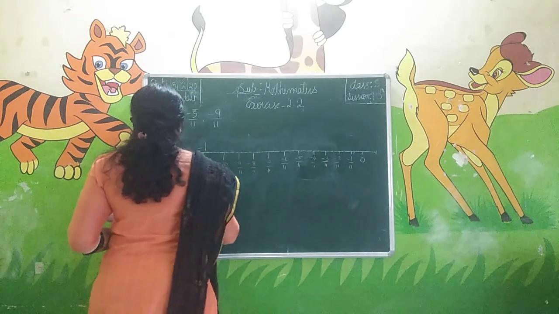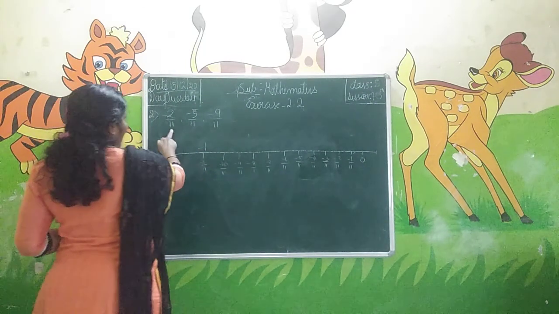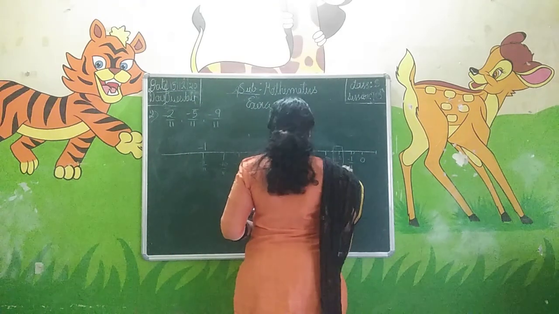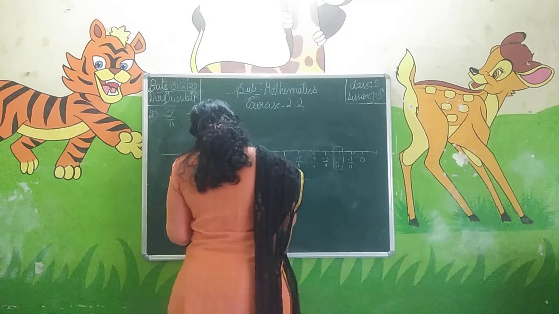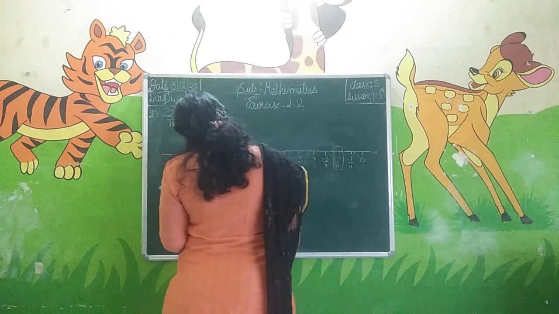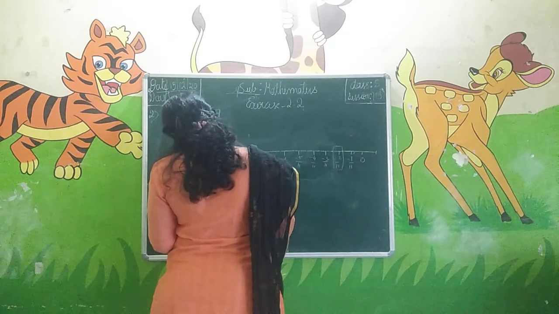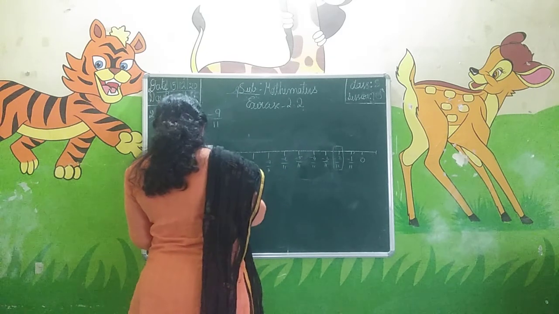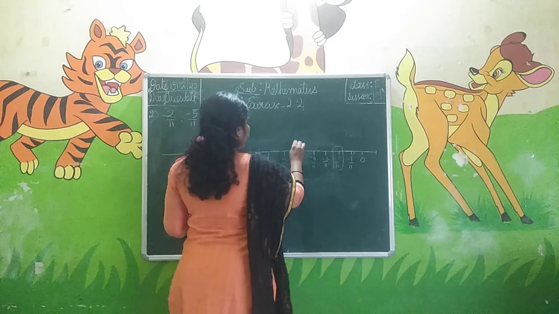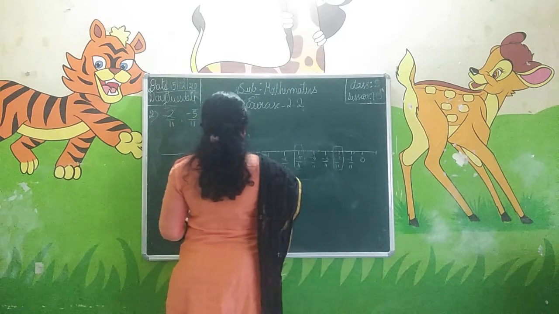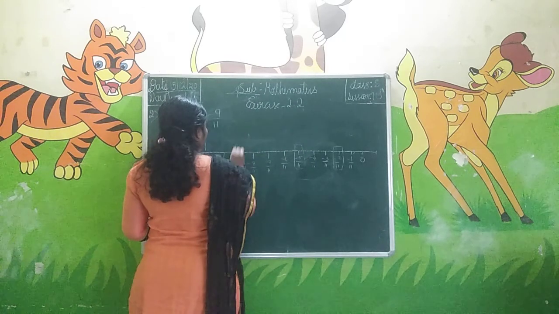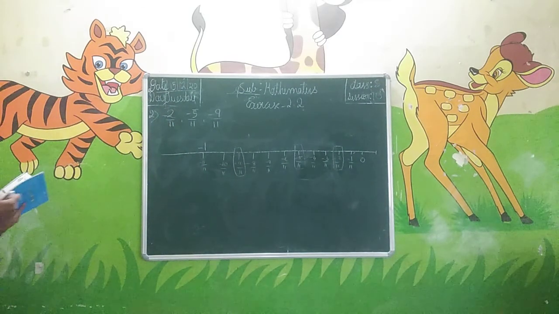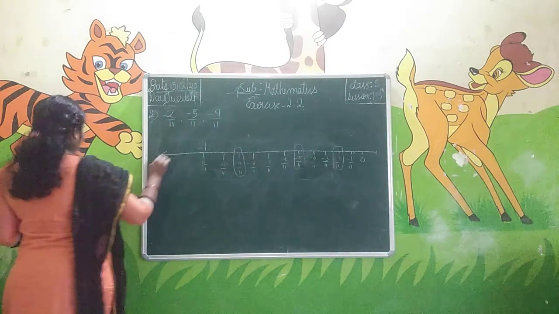Okay. So which are the numbers we have to represent here? -2 by 11. Where is the -2 by 11? Here it is. Next is -5 by 11. Where is it? Here is the -5 by 11 and -9 by 11. Okay, this is how we have to represent the numbers on the number line.